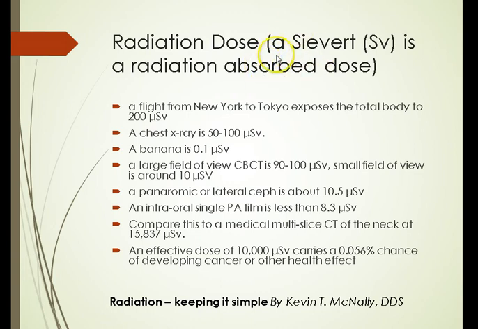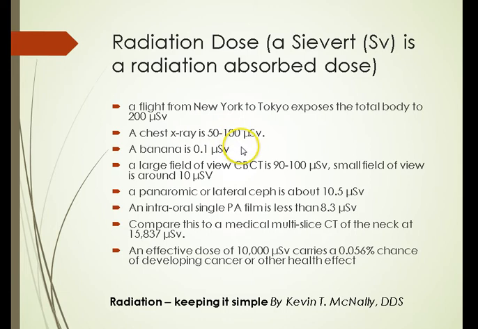This is a standard unit that we're going to use to compare and give an idea how much radiation each of these modes has, the PA, PAN, and whatnot. So if they're flying from New York to Tokyo, the total body radiation would be about 200. When they go to a hospital and have a chest x-ray, it's about a quarter to half of that, so from 50 to 100.